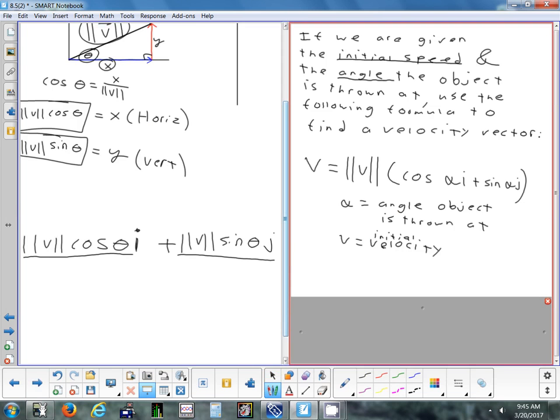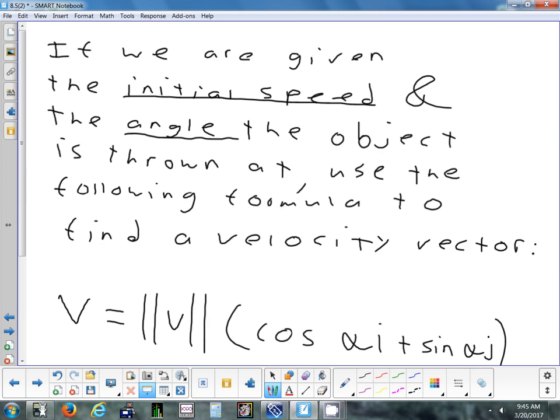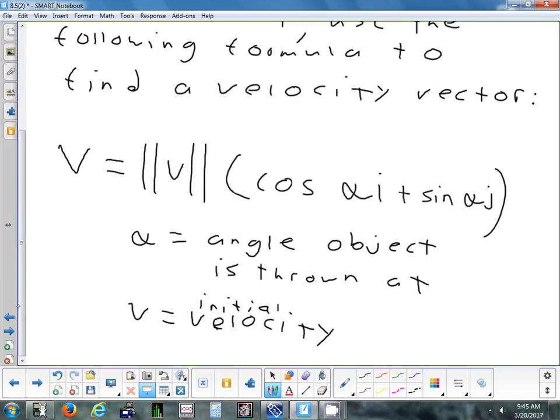V is the initial velocity. We're really simplifying this. We're not taking into account different things that could happen. For example, when you throw an object, it's generally going to slow down the second it leaves your hand because of air friction and things like that. For our purposes, we're just going to use this simple formula, which doesn't really take into account all that advanced stuff.